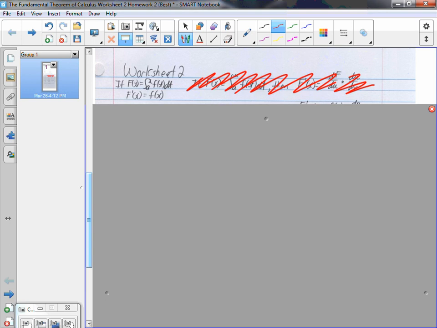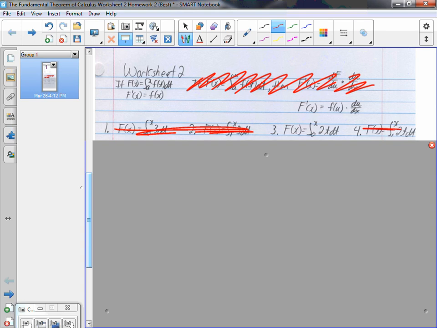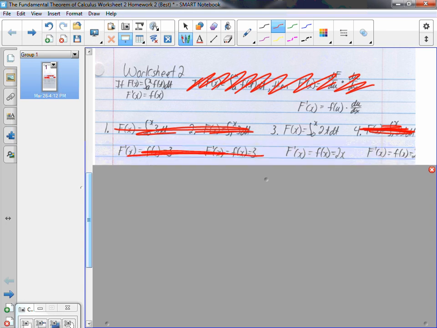Okay? So, in other words, number 3. We have capital F of x equals the integral from 0 to x of 2t dt. So 2t is the f of t. According to the second fundamental theorem of calculus, the derivative of that equals f of x. Well, if f of t is 2t, f of x must be 2x.